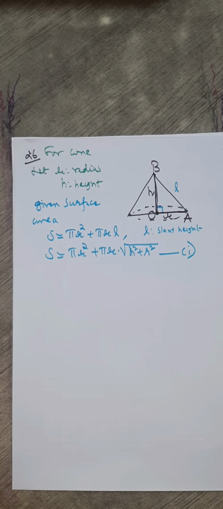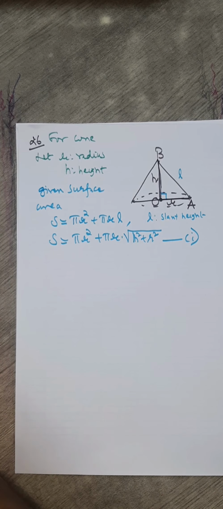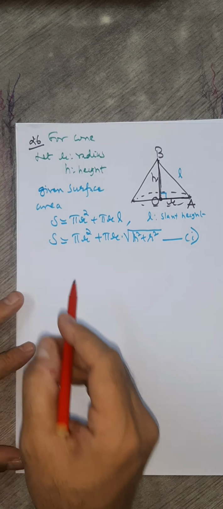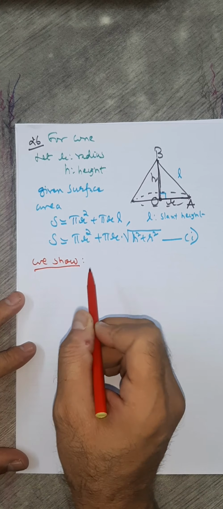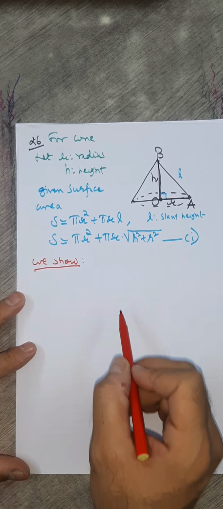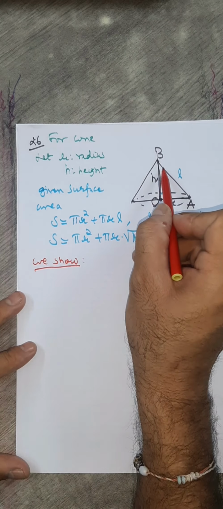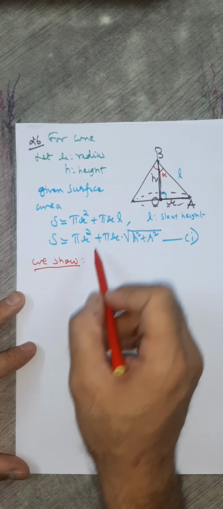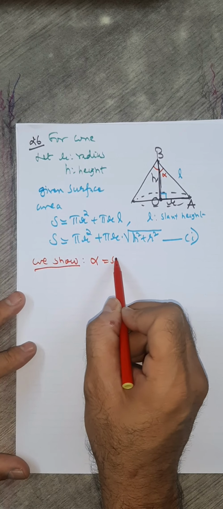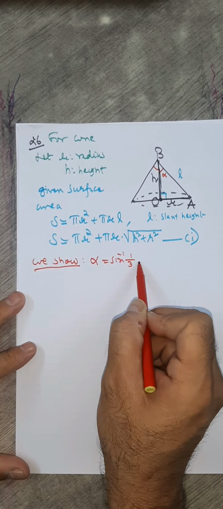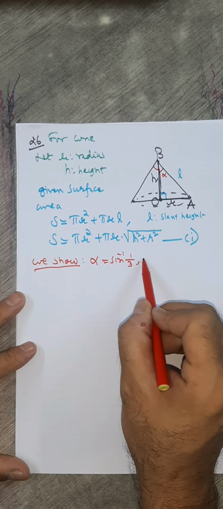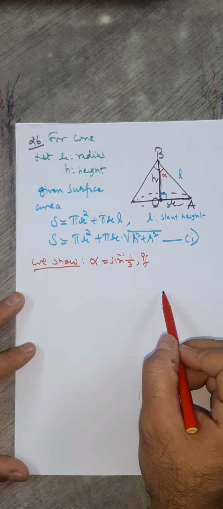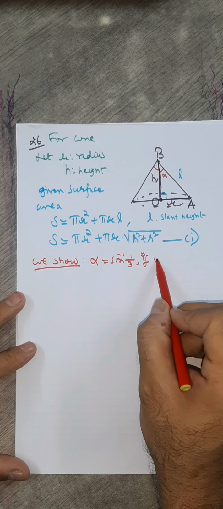Okay, now what we want to do, let me write that so that the picture should be clear in your mind. We show what you are asked: that the semi-vertical angle, this is known as the semi-vertical angle, alpha equals sine inverse 1 by 3, that is sine alpha is 1 by 3. We show this if the volume is maximum.